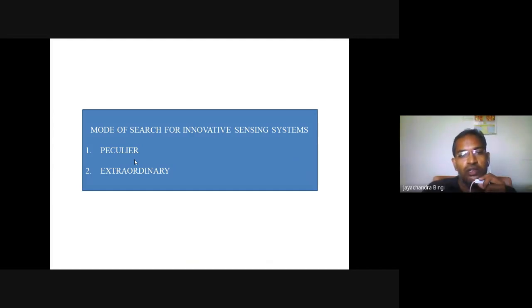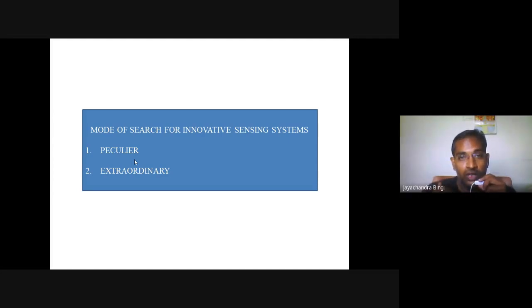Whatever is not in line with our vision or sensing systems, you call peculiar. Extraordinary is where the process is in line with our system, but far superior to it. So peculiar and extraordinary: these two kinds of sensing systems you find in nature.